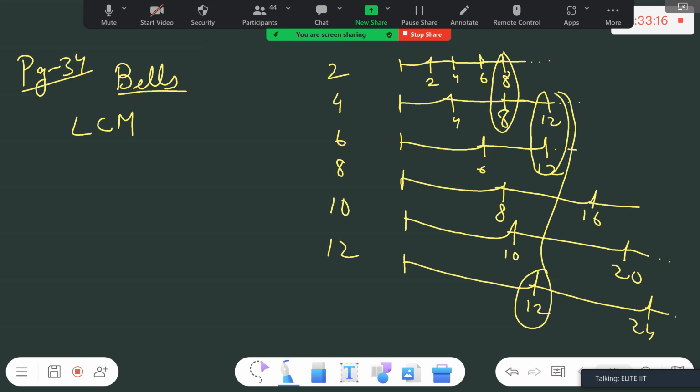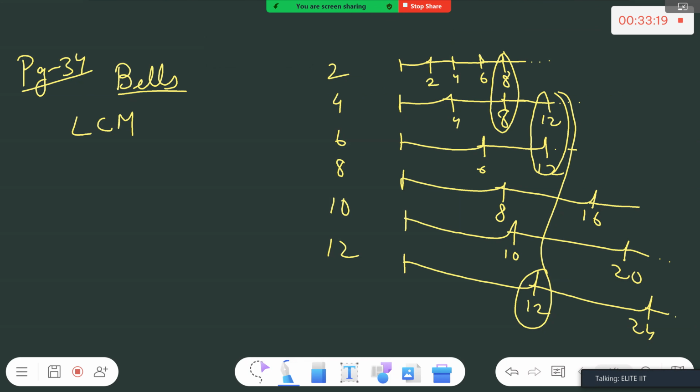What happened, Hemant? Playing time over with the rest.